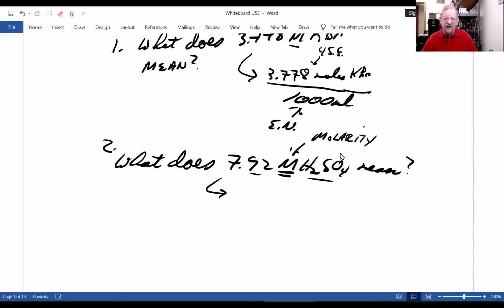And molarity is moles of solute per 1,000 milliliters. What's the solute? H2SO4, sulfuric acid. So what it really means is 7.92 moles of H2SO4 per 1,000 milliliters.